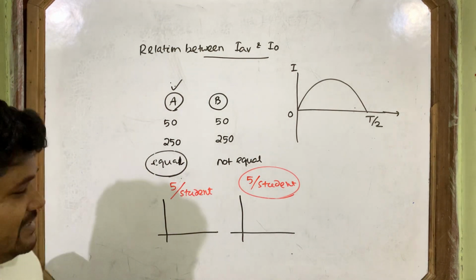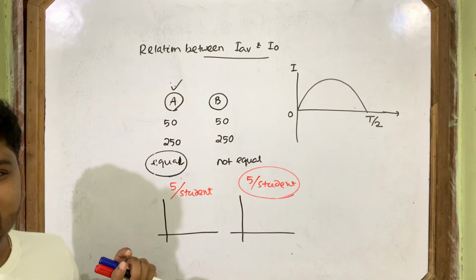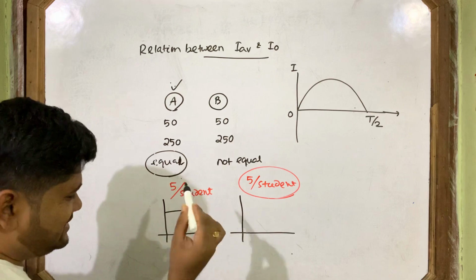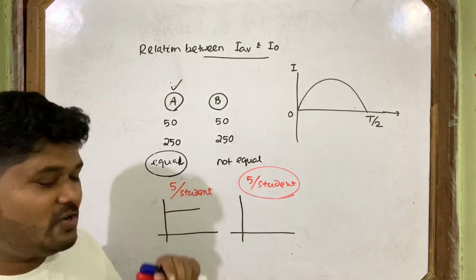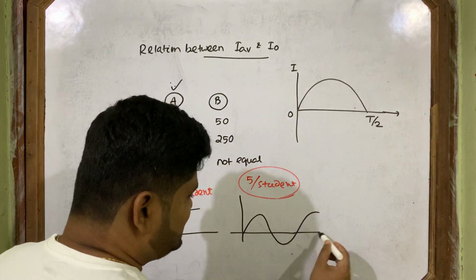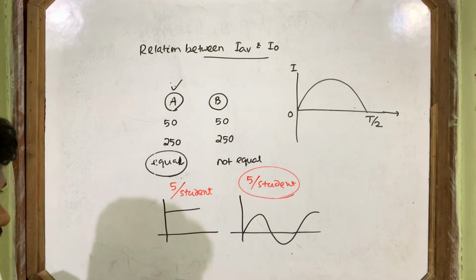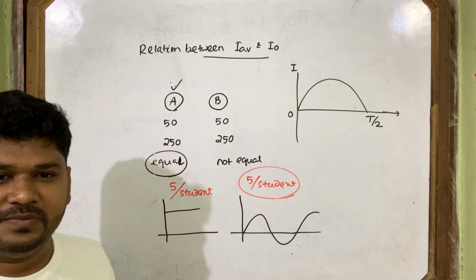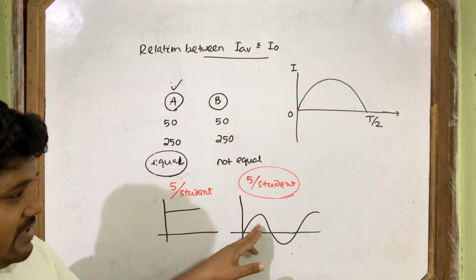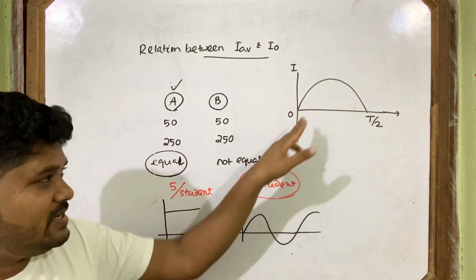Here equal chocolates all students get, a constant number of chocolates, so this is direct current. But here not an equal number of chocolates, so this is alternating current. And here we are unable to find the average value.